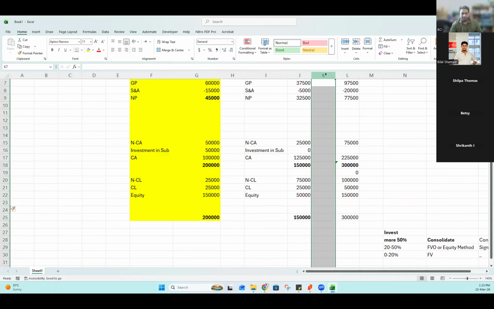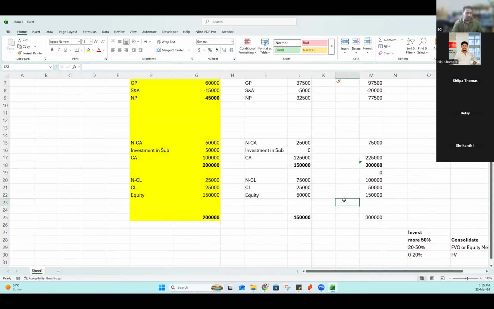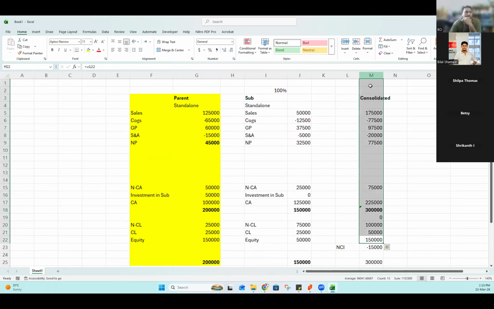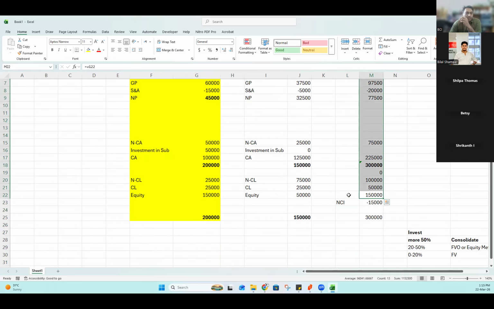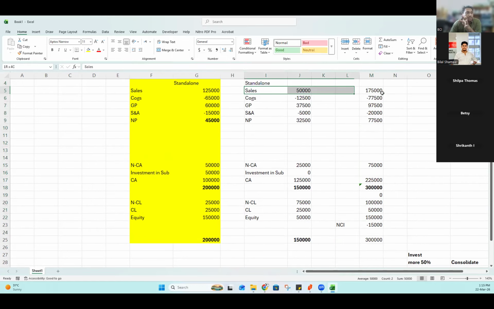We'll put non-controlling interest here, and whatever their corresponding share is, we'll reduce it from here, for example. Clear? All other things are the same. Even though we have only 51% or 60% shares, we will still take 100% of the sales, 100% of the COGS, 100% of the assets and liabilities. Clear?